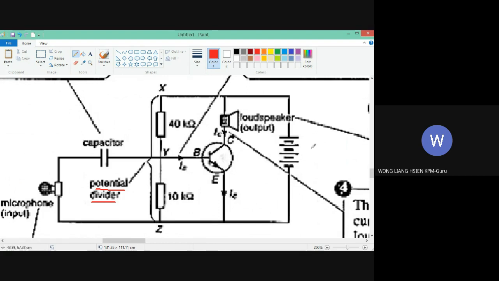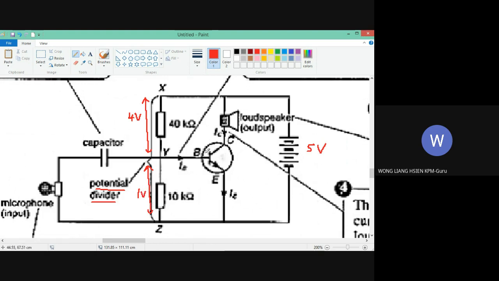So for example, if this is 5 volt, the voltage here is 4 volt, and the voltage here is 1 volt.